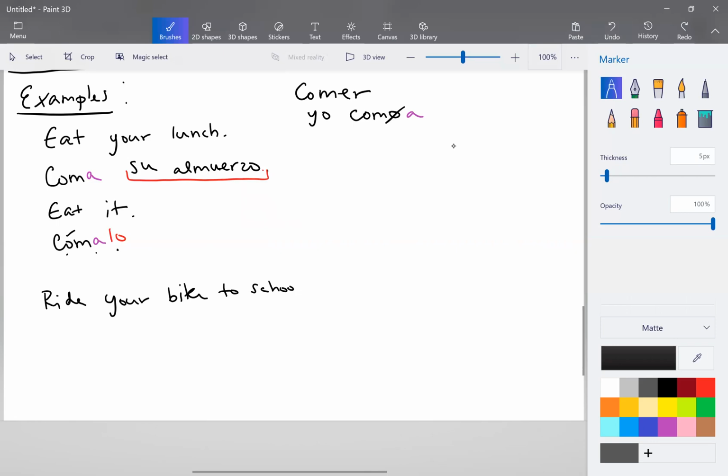We're giving somebody advice on how to stay healthy and how to care for the environment. Ride your bike to school. Montar. Yo monto. What would it be for usted?